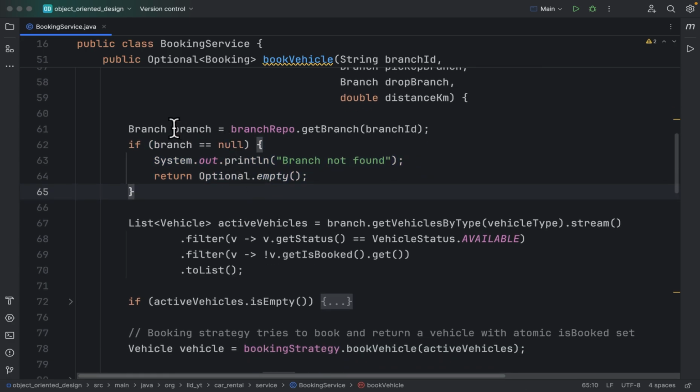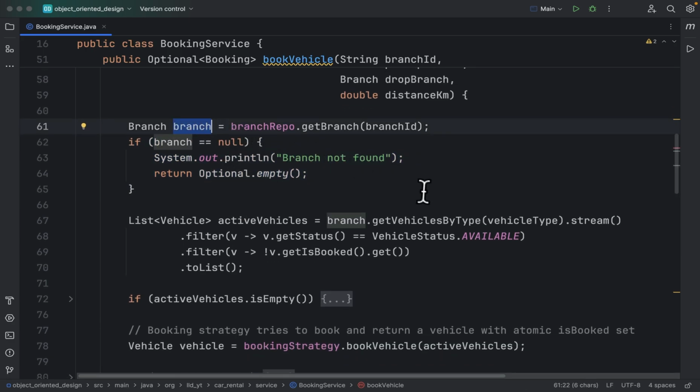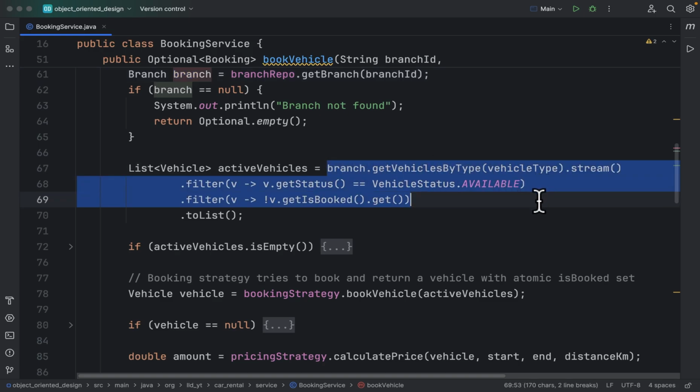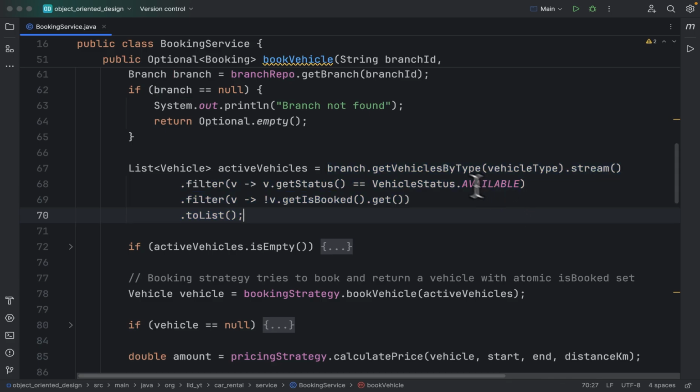Then once I check whether that branch is available or not, I will try to filter out all the vehicles which are available. Okay. I will get all the vehicles by the vehicle type from that branch, and I will filter the vehicles which are not available. Okay.